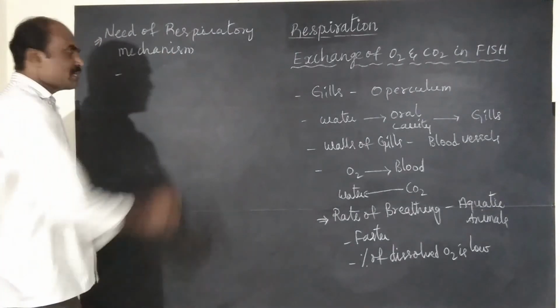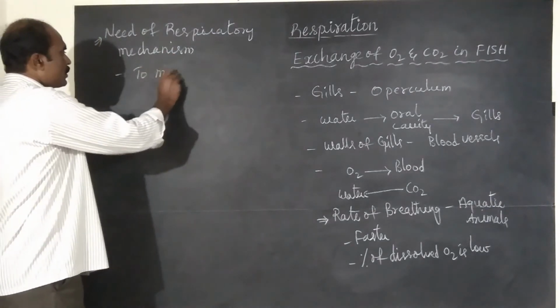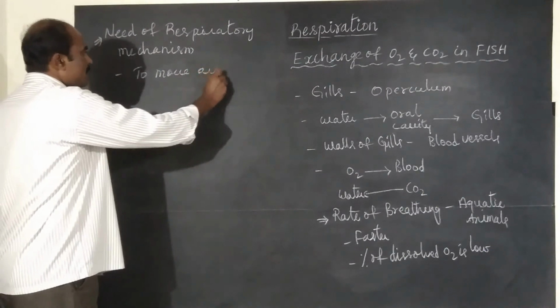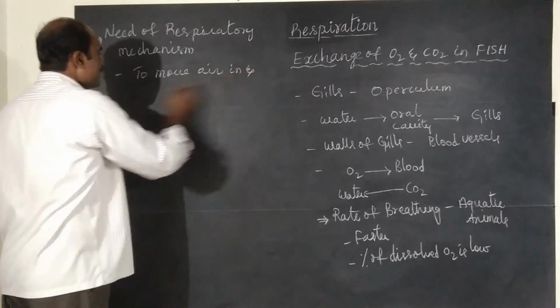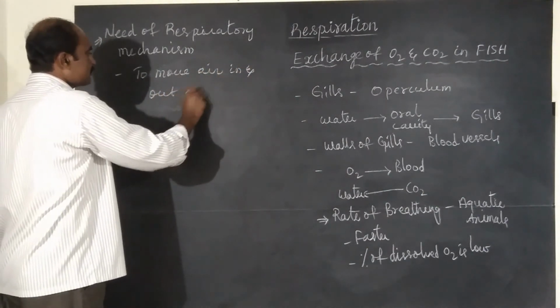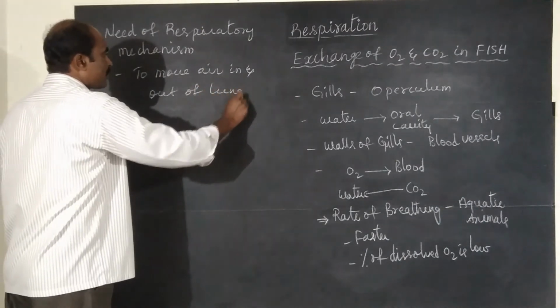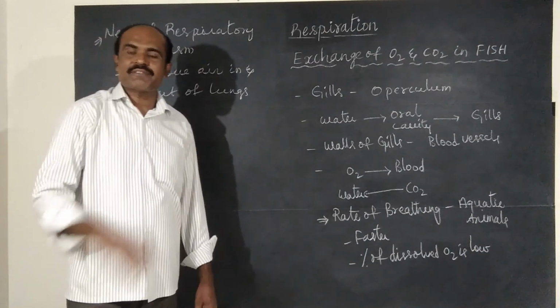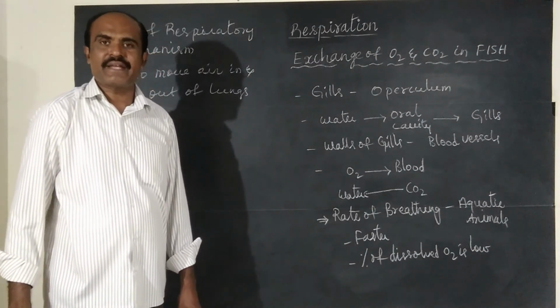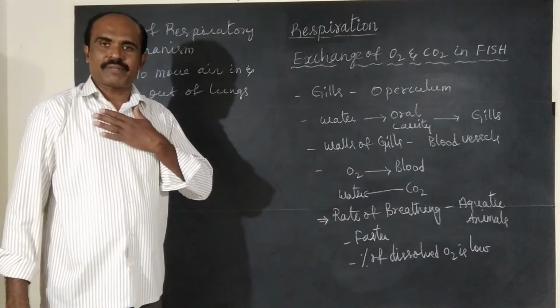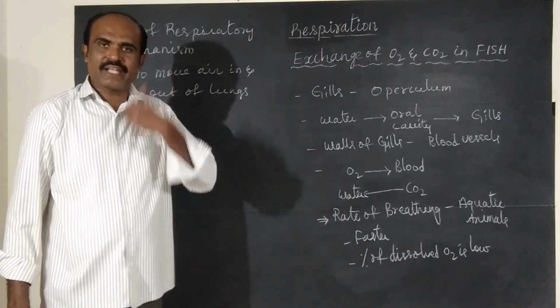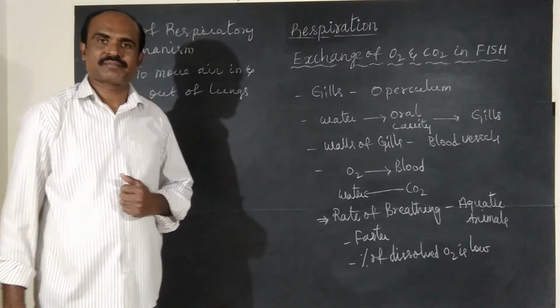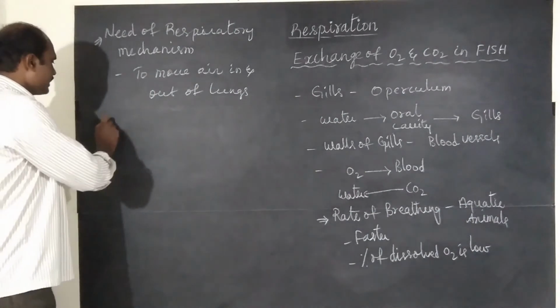Respiratory mechanism is required to move air in and out of lungs. In our previous video, I explained in detail the role of ribs and diaphragm in inhalation and exhalation.